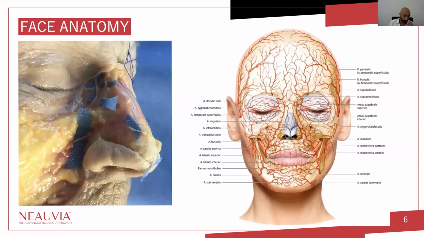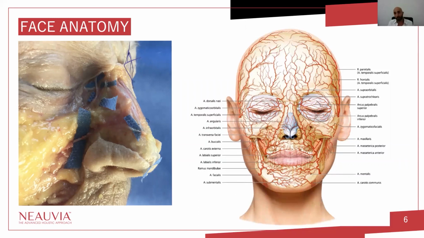Before understanding the best way to approach and inject, it's really important to know that the nose is characterized by a big vascularization taken from the external carotid artery. But the main interesting thing is that the internal carotid system and the external carotid system are connected to each other thanks to the arteries that come from the dorsal hump and go to the supratrochlear artery.